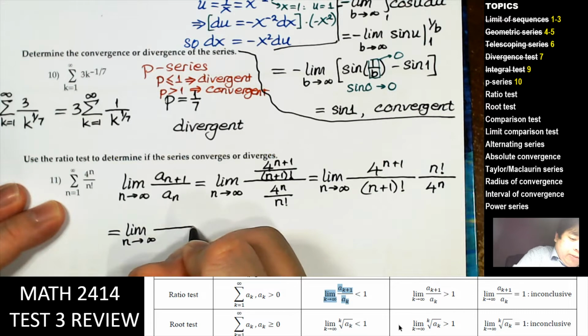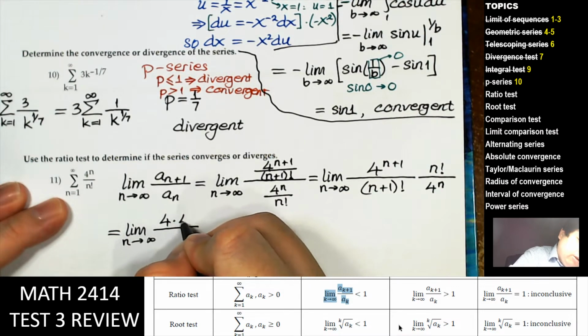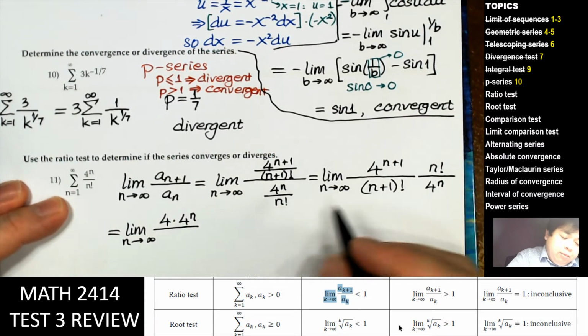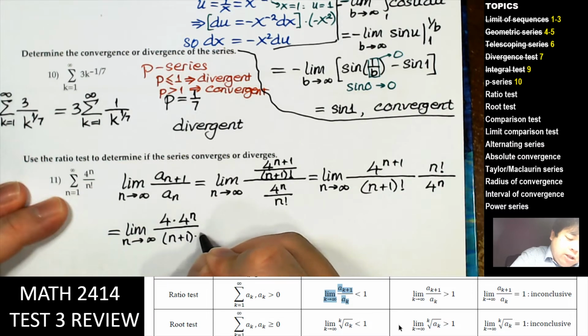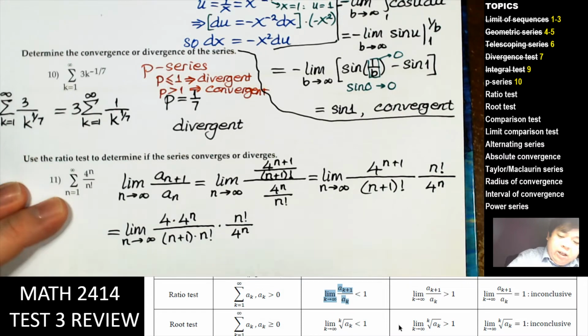Right. 4 to the n plus 1 we can say is 4 times 4 to the n power. And n plus 1 factorial we can write as n plus 1 times n factorial. And then we have n factorial over 4 to the n.